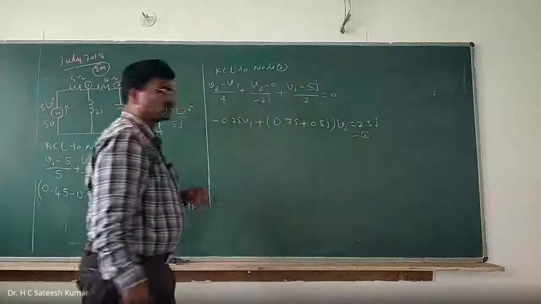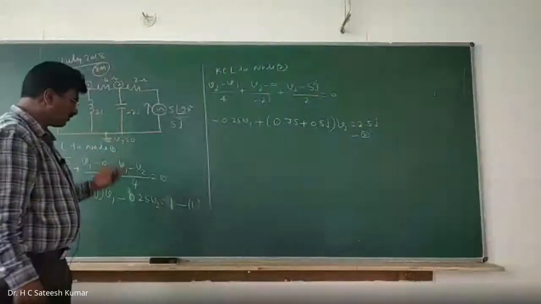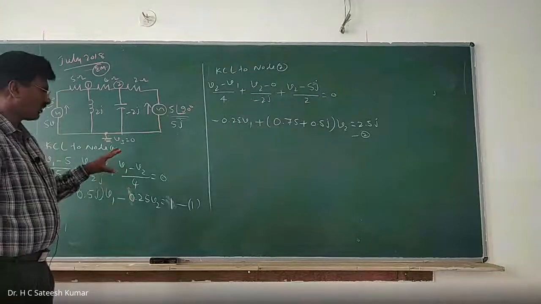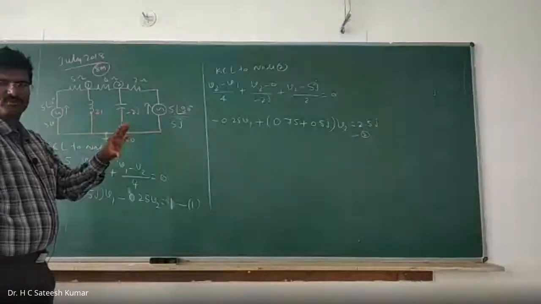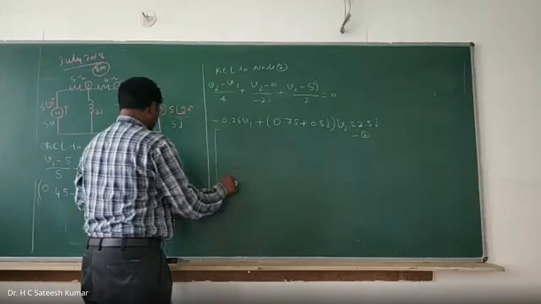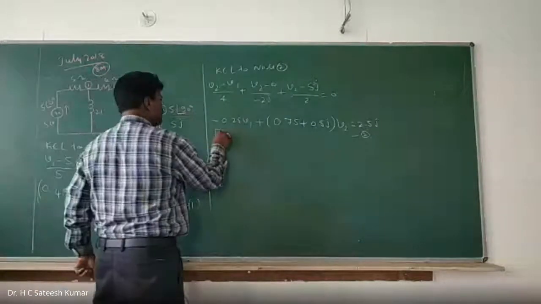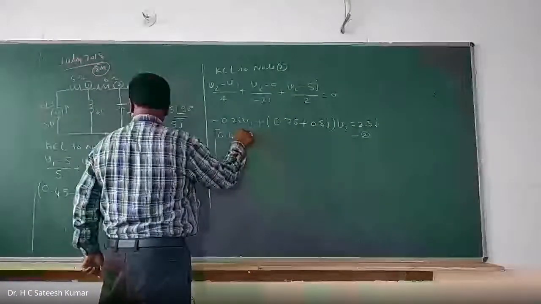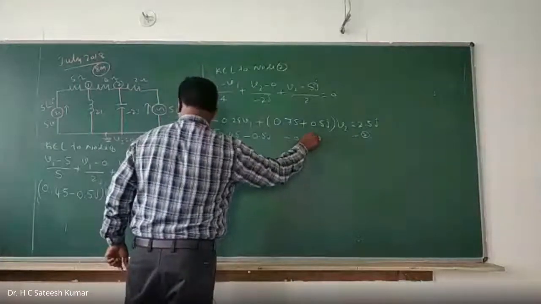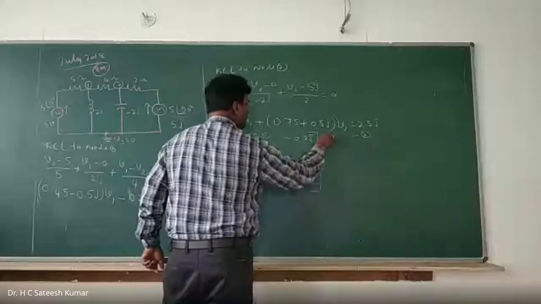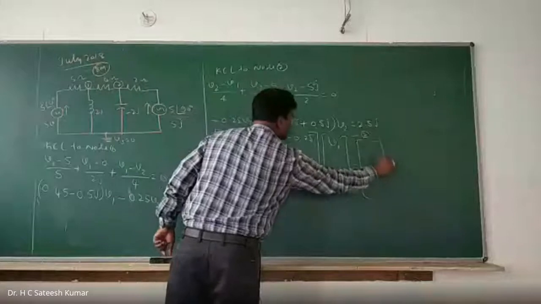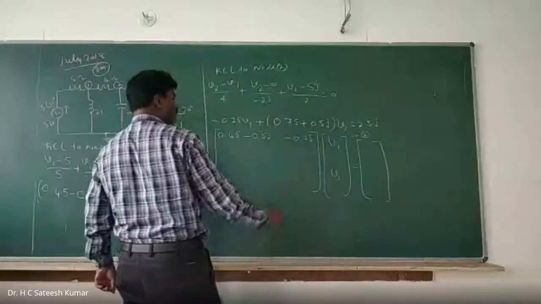Now what you should do is write a matrix, find out V1 and V2, use Cramer's rule, because the calculator will not do the solution of simultaneous equations. So go for the matrix first: 0.45 minus 0.5J, minus 0.25; V1, V2 is equal to 1.